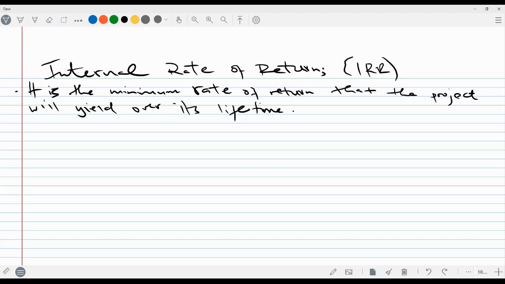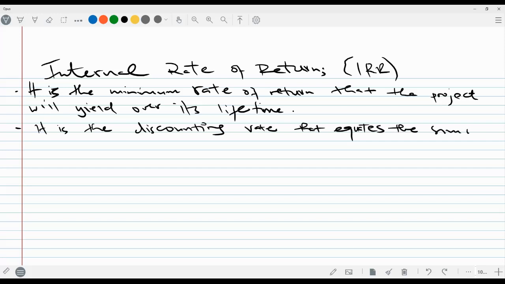That's called the IRR. Another way you can define it: it is the discounting rate that equates the sum of present value of cash flows to the initial investment cost.